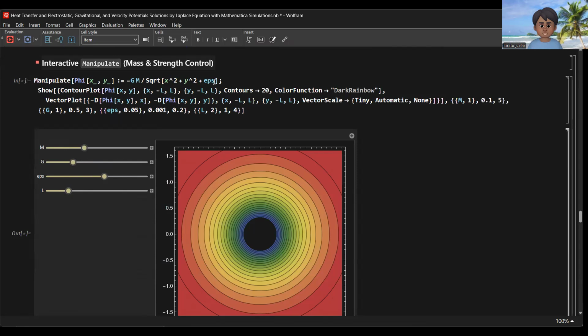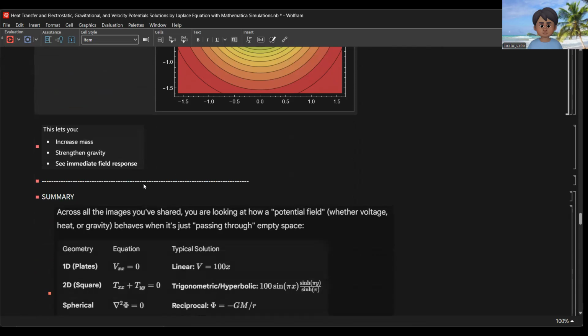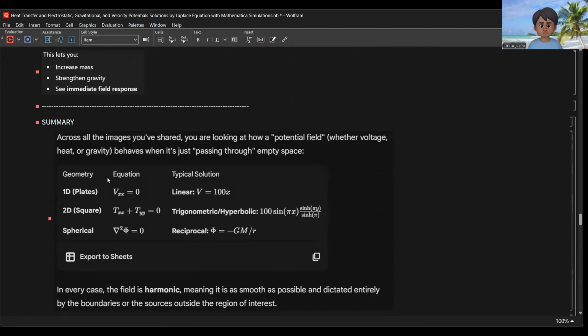But we have to add the EPS to avoid the division by 0. So this lets you increase mass, strengthen the gravity.